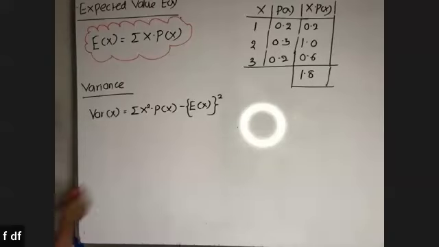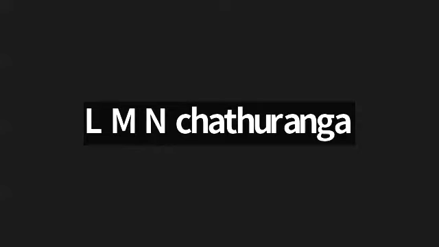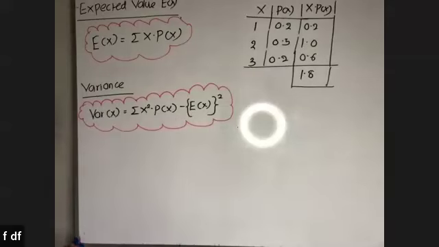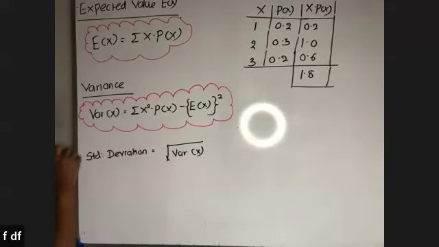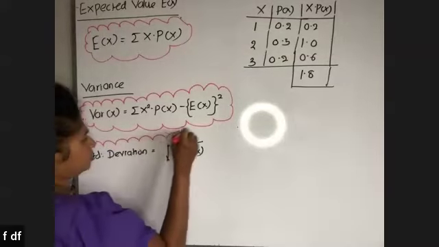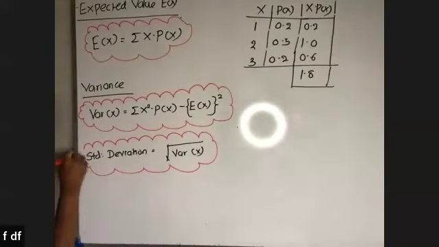Now we can also evaluate the standard deviation, which is the square root of the variance. Given a discrete probability distribution, we can calculate all three values: the expected value, the mean of the distribution, and the variance.